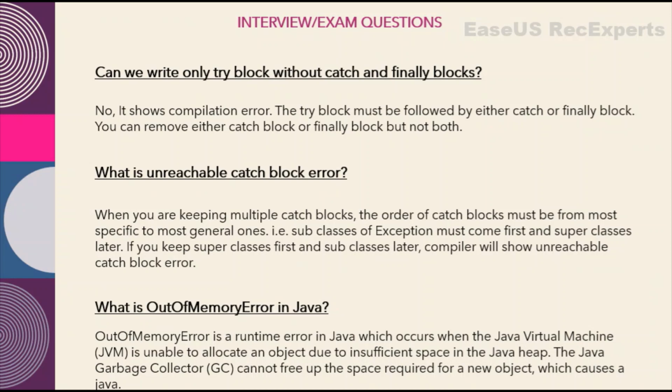Last but not the least, what is out of memory error? If you are already working on any Java applications at enterprise level, then you should know this error may come very often.